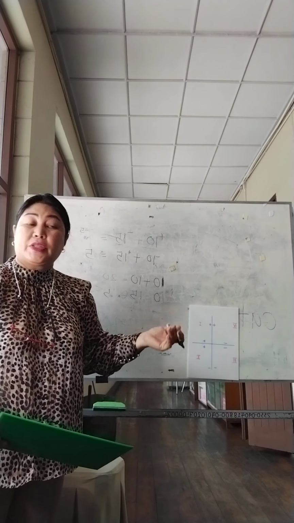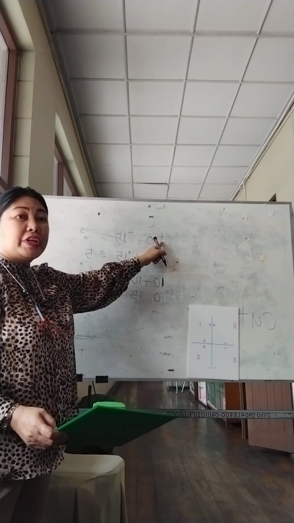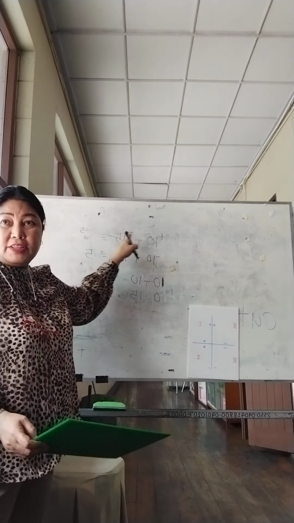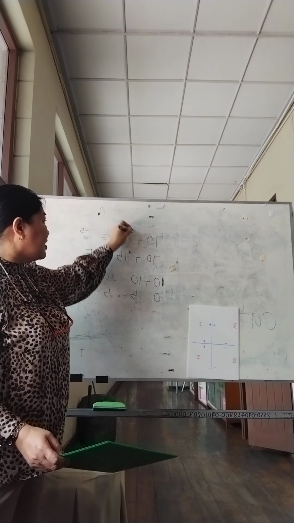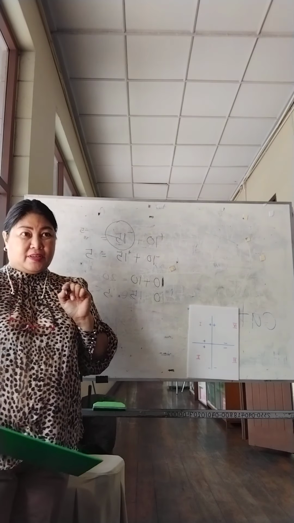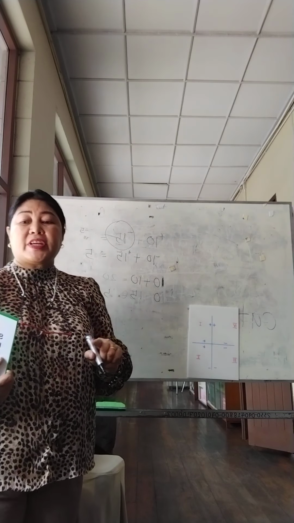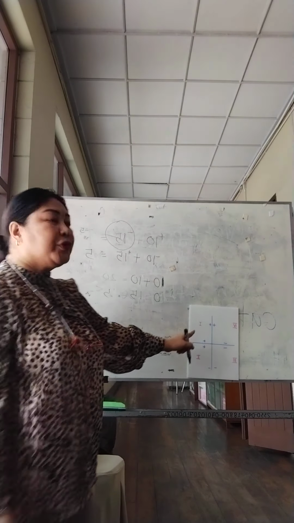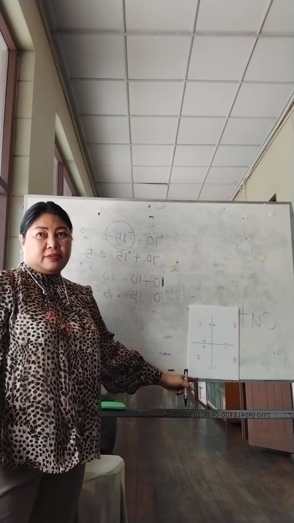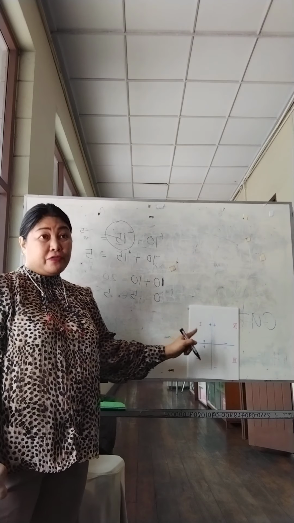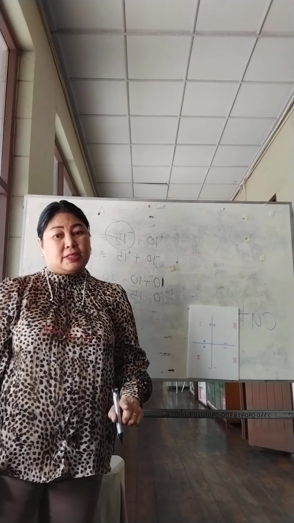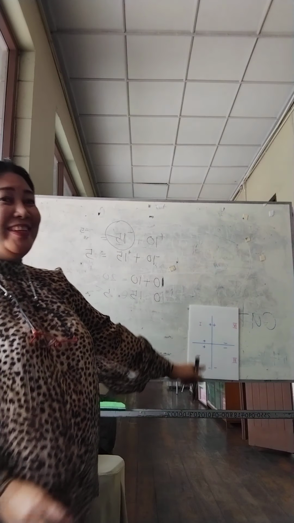Not always are you looking at this one. Only this you have to look at, if we are using integers. Even multiplication, even division, you have to follow this. These are the four operations of mathematics that cannot be denied.